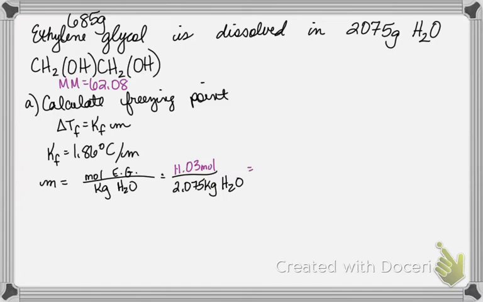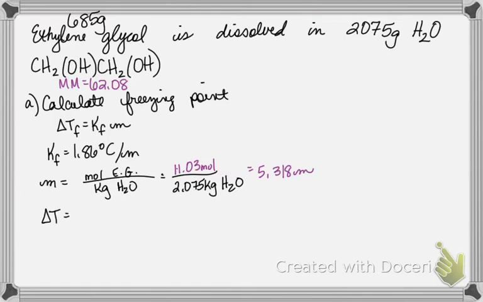So my molality is 5.318 molal. Okay, so now I'm ready to calculate the delta T by plugging things in.